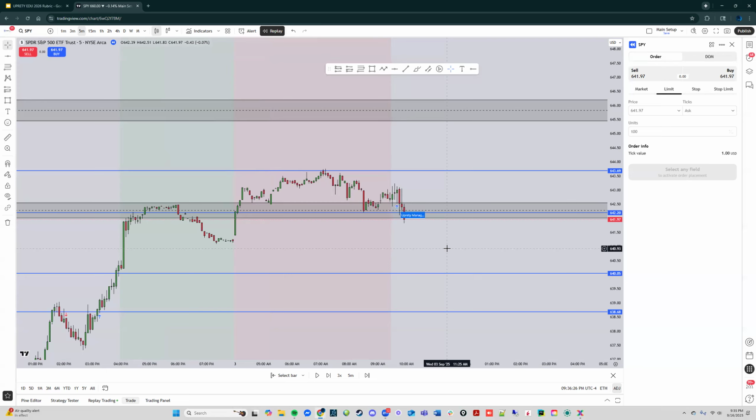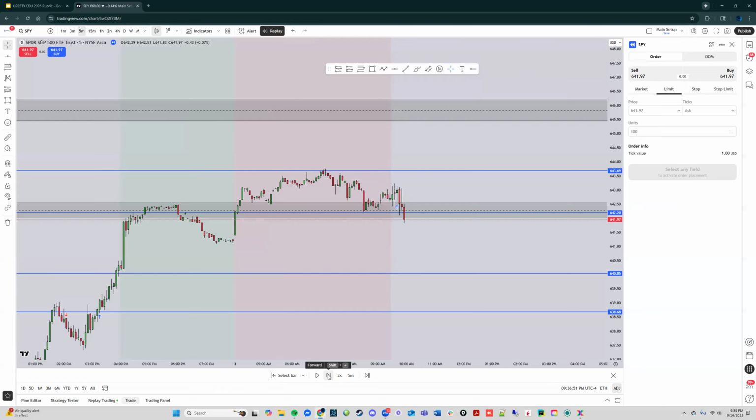One thing, David, that you didn't pick up once again was there's no volume here at the open, which is a sign of weakness. Yeah, that's true. Also, if you look at it, the structure has totally changed on 5 minutes, right, David? Because we're basically rejecting 641 and we're creating lower high, lower low, right?